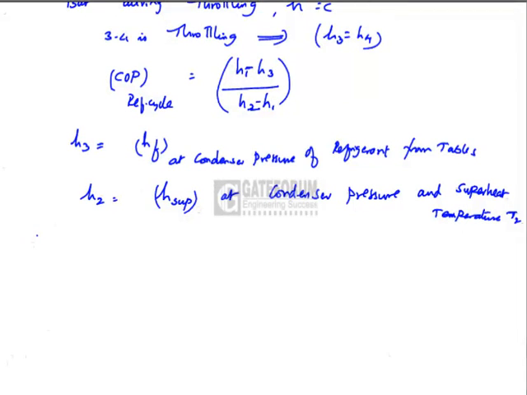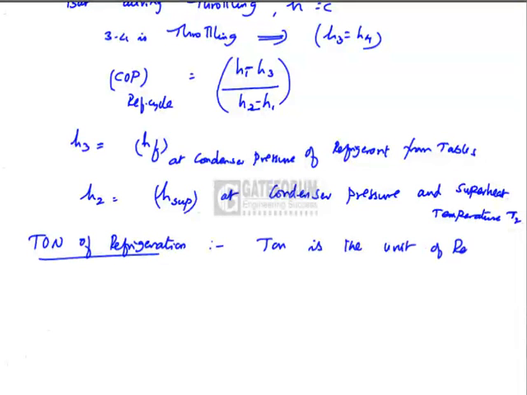Now let us define ton of refrigeration. Ton is the unit of refrigeration capacity. It is defined like this.